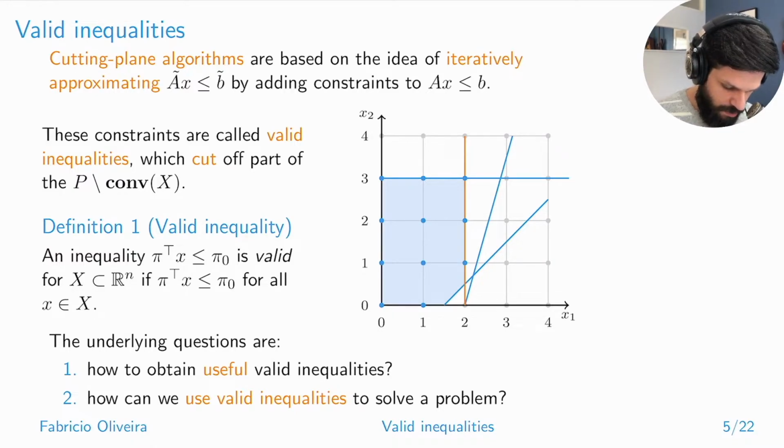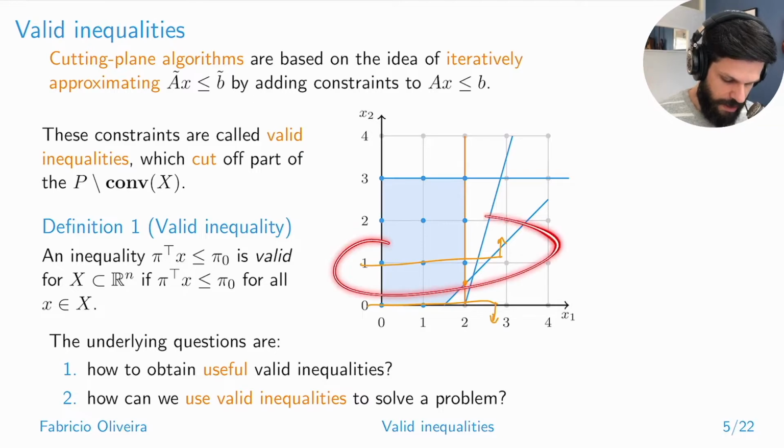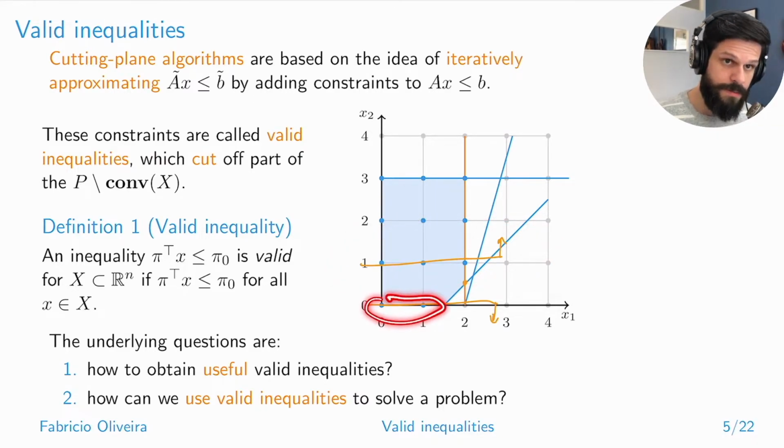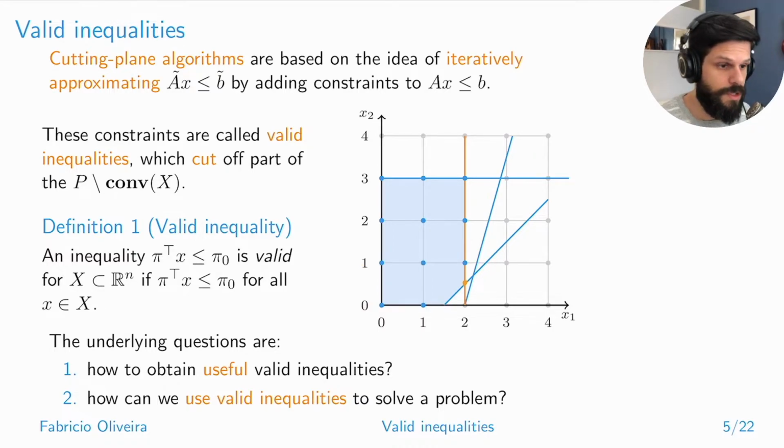Let me think about when we found the optimal solution for the LP relaxation here, and that generated a cut saying we want things that are above here and things that are below here. And you can see that this is not a valid cut because it's cutting out these points. So, you know, the process of branching doesn't generate valid inequalities at all. It's just something that I've once heard someone saying.